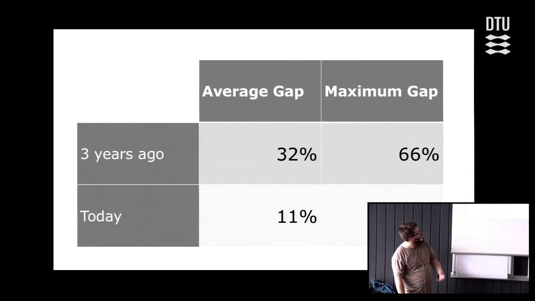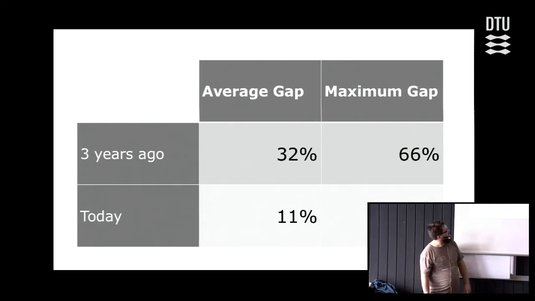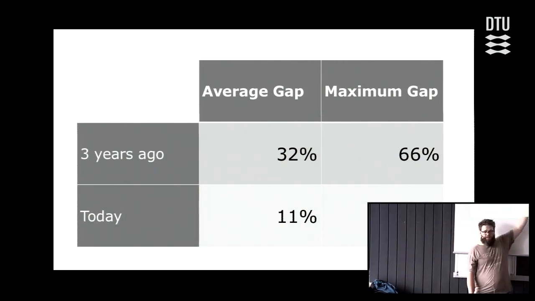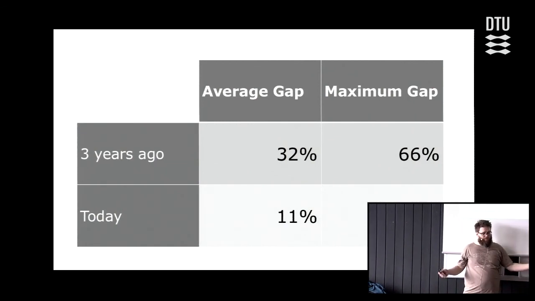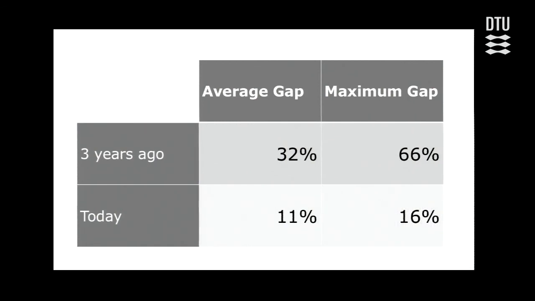Overall, the last 3 years, what have they given us? When I started, the average gap on these 4 solutions was 32%. And by the gap, I mean the distance between the best lower bound found in the literature so far and the best upper bound found in the literature. That was 32% when we started, and the worst one, this data set which took a long time, was 66%, which we have now improved to 11 and 16%.